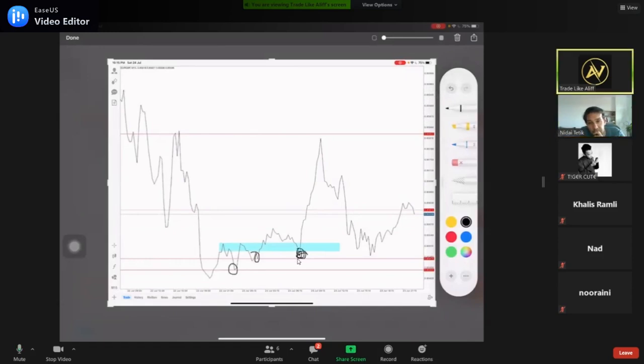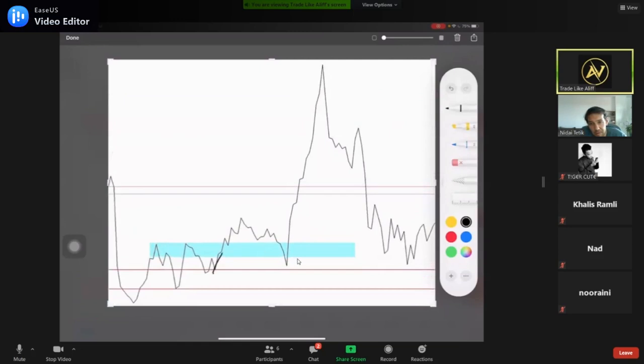You cannot mark this one because you have to understand this. The breakout is here. This is the breakout. And this is the pullback. You cannot mark this one to entry. You want this kind of entry. This is the breakout. So we have to mark the big move before the breakout.